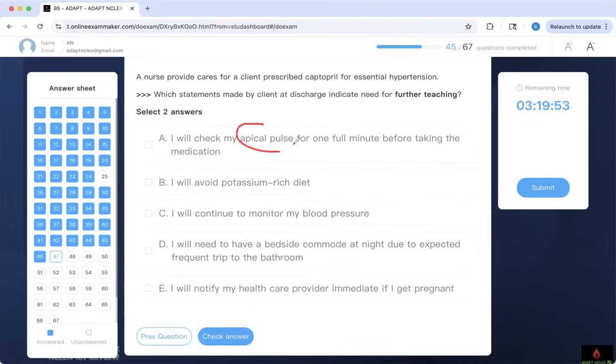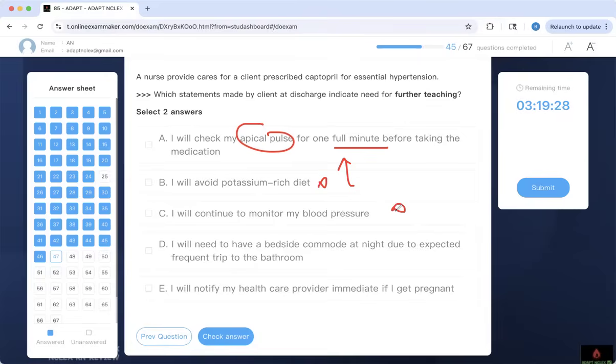I will check my apical pulse. Well, it's not digoxin. Therefore, I'm not worried about it. I'm going to pick you. You don't know what you're talking about. I will have a potassium-rich diet, because lisinopril increases your potassium. That's good. I will continue to monitor blood pressure. You're taking blood pressure medication? Monitor it.